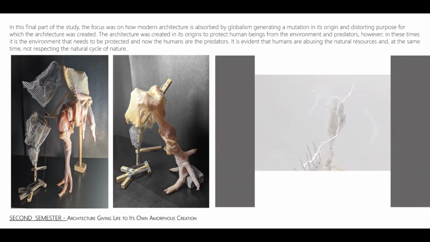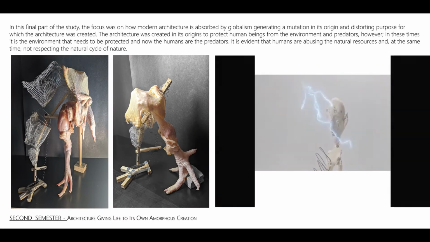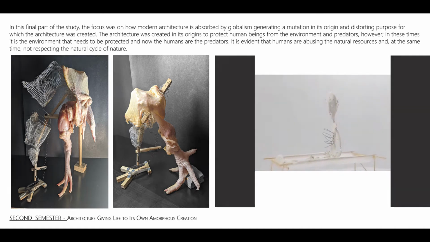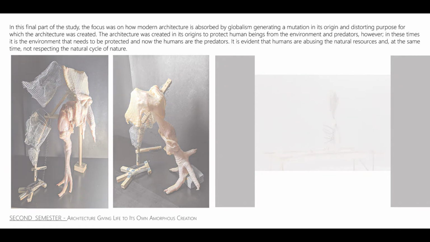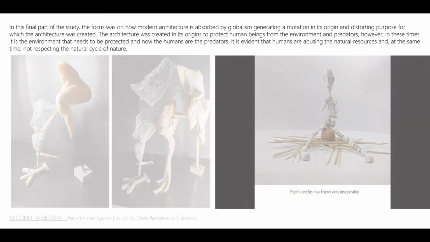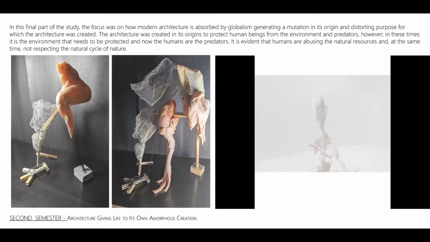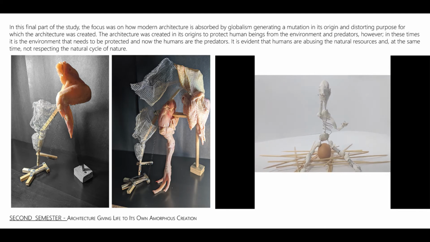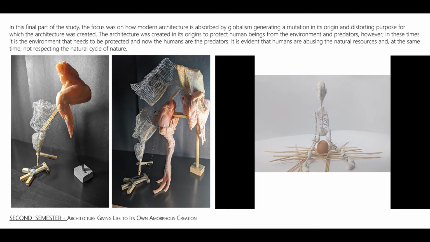In this final part of the study, the focus was on how modern architecture is absorbed by globalists, generating a mutation in its origin and distorting the purpose for which architecture was created. Architecture was created in its origins to protect human beings from the environment and predators.